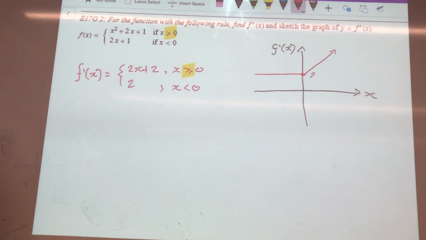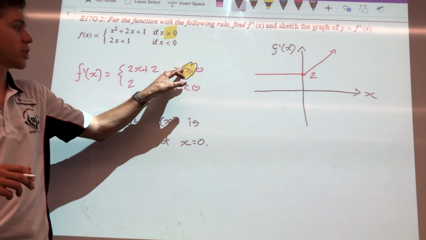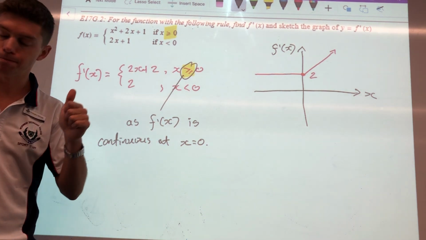So that would be our graph. And you don't need to provide this part, I'm just trying to outline that f dash of x is continuous at x equals 0. So this wasn't changed as in the previous one.